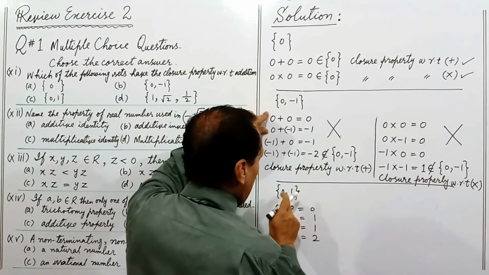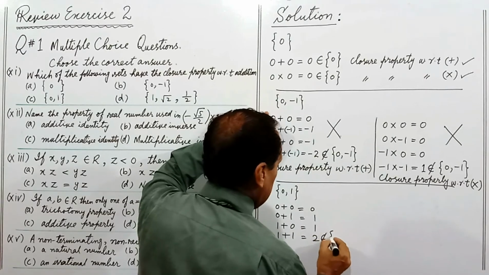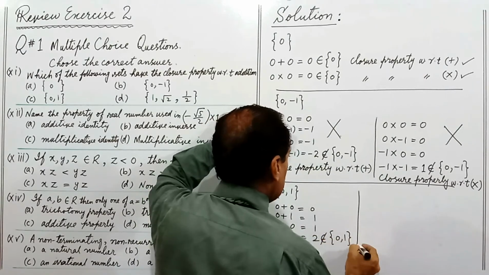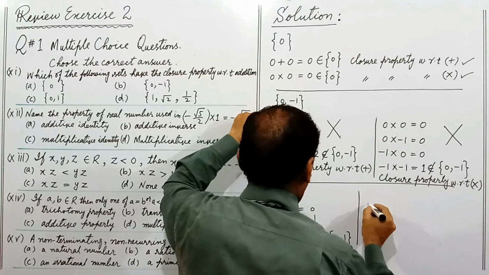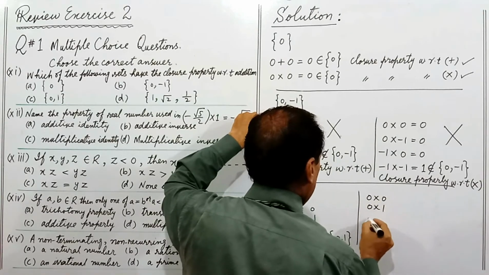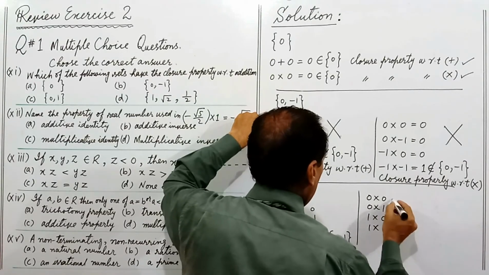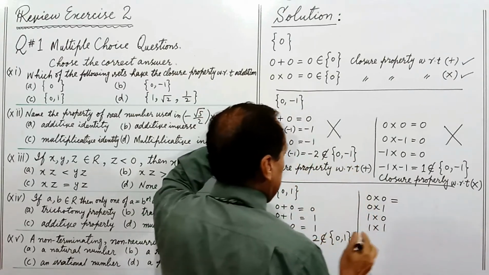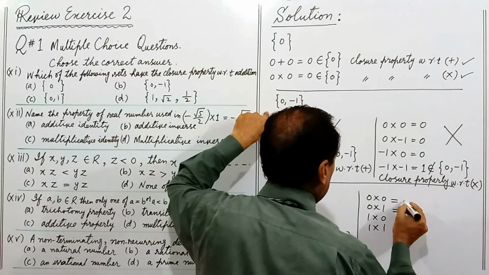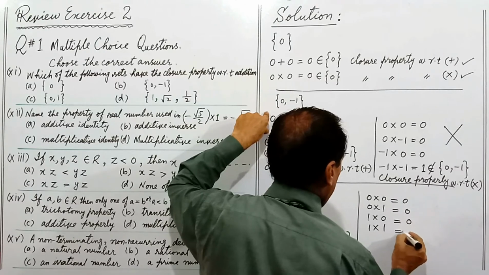Again, 0, 1, 1 belong to the set, but 2 does not belong to the set 0, 1. Whereas 0 multiplied by 0, 0 multiplied by 1, 1 multiplied by 0, 1 multiplied by 1, and we get the result for multiplication: 0, 0, 0, and 1.